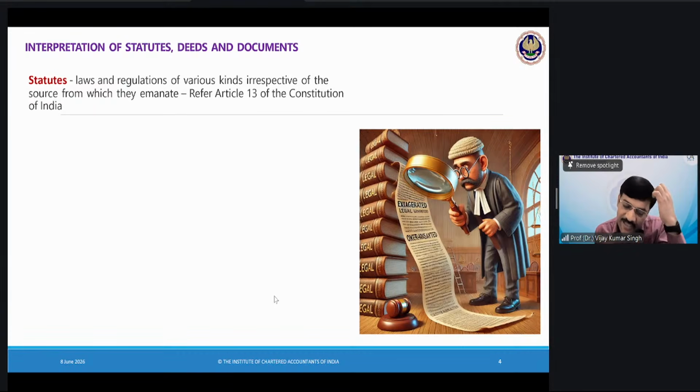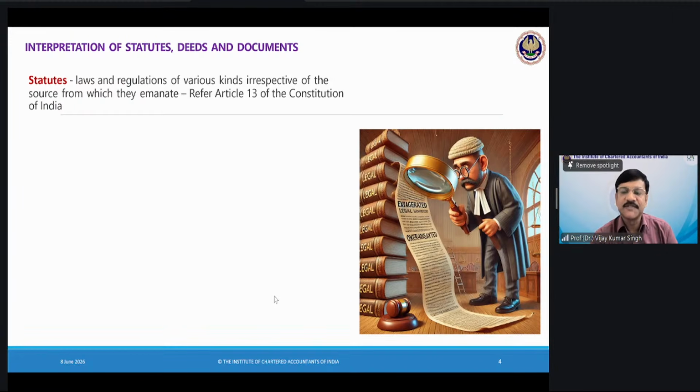And then executive authorities also come up with executive orders. And you have seen the definition of law under Article 13 of the Constitution of India. It clearly says that law includes all these things, okay? Rules, notifications, orders.